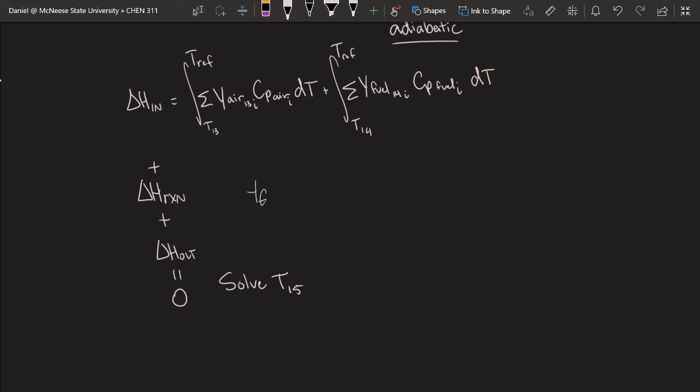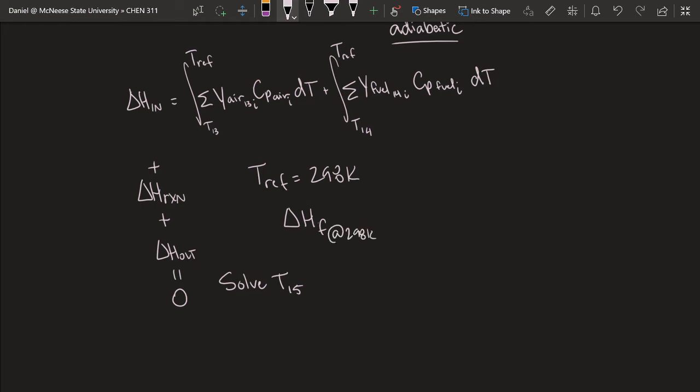Okay, so let me get into that a little bit again. Pretty much all of your reference temperatures, T ref, typically equal 298 K, and that's because your delta H of formation is at 298.